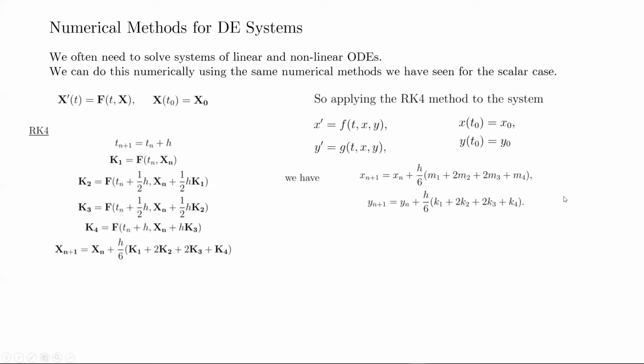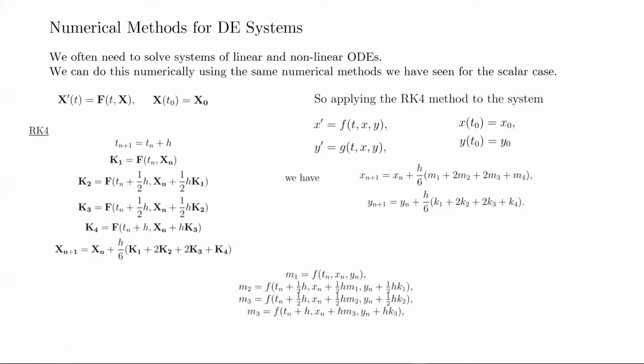So m1 and k1 here are going to be our predictor steps for x and y. Explicitly writing these out, m1 is the value of the right-hand side of the ODE, x prime equals f, evaluated at tn, xn, and yn, the previous step. m2 is the function f evaluated at tn plus a half h.